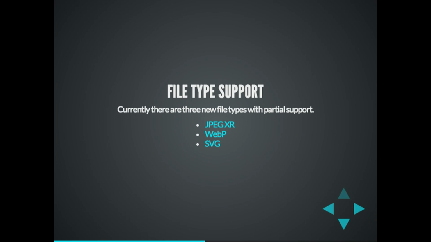SVG, you're not really having to worry about a raster image. Since it's vector, it's going to work across all resolutions. It's really great for logos. But if nothing's using it, how do we deal with that? Well, we can now do something like this in the source where, just like anyone who's familiar with the video element, you provide different sources. Say this is a WebP image: do you support it? Great, use it.